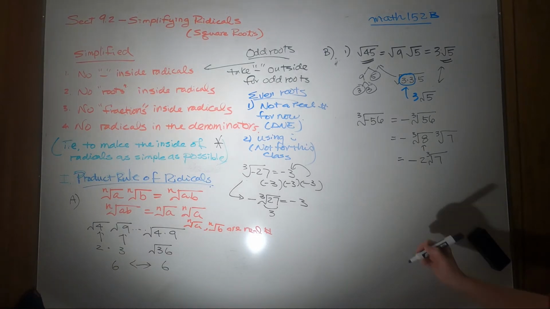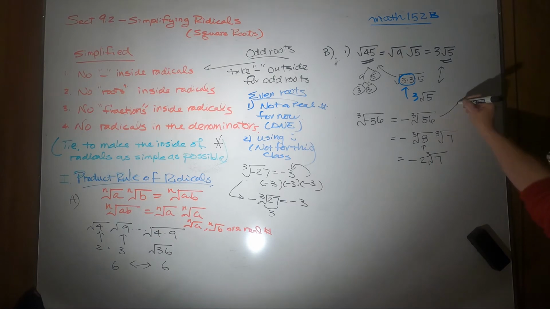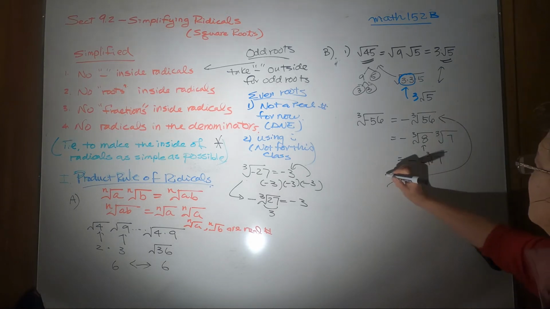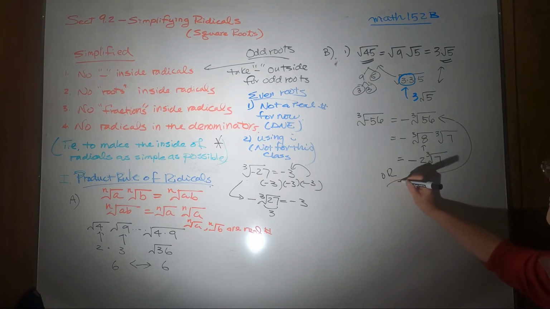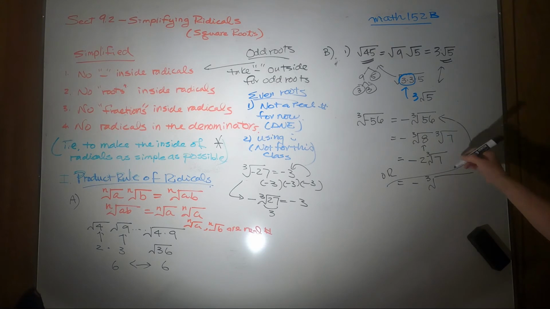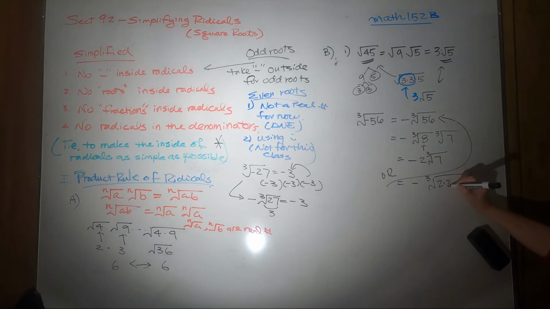Then another way is we can do what? You can split it, you can do it this way. Or you can do it this way: negative cube root, then you do the trees, 2 times 2 times 2, 8 times 7, 56.